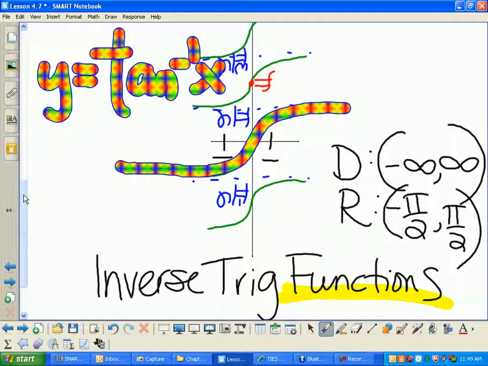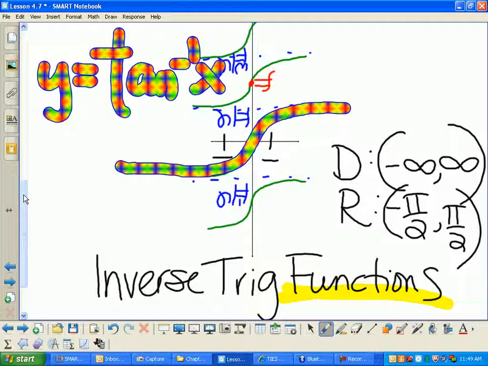What they all have in common is that the domain, your input, is a number. For inverse sine and inverse cosine, your domain is a number between -1 and +1. For inverse tangent, your domain is any number.